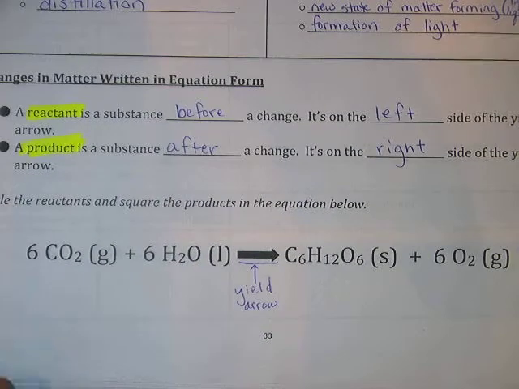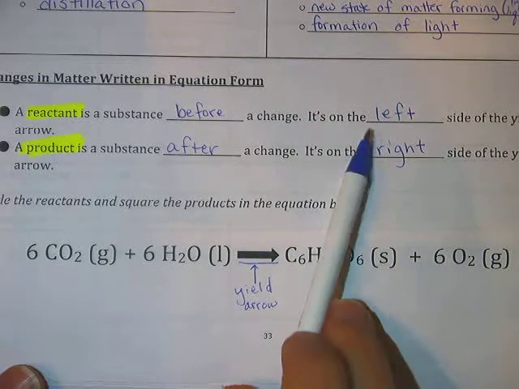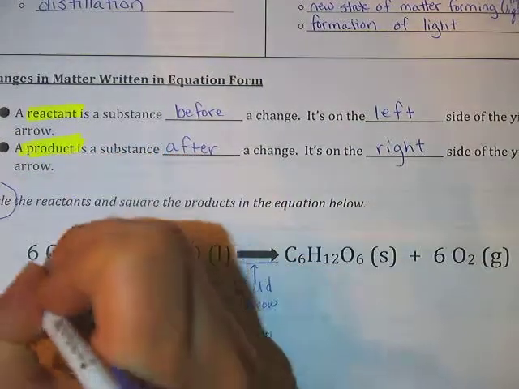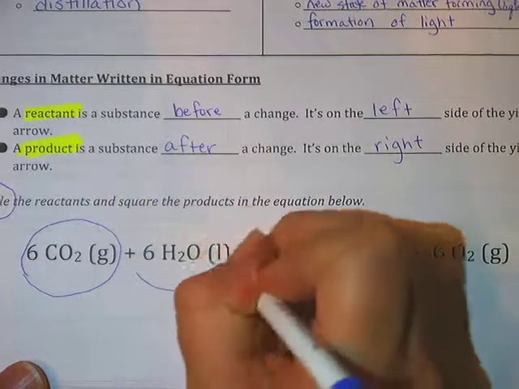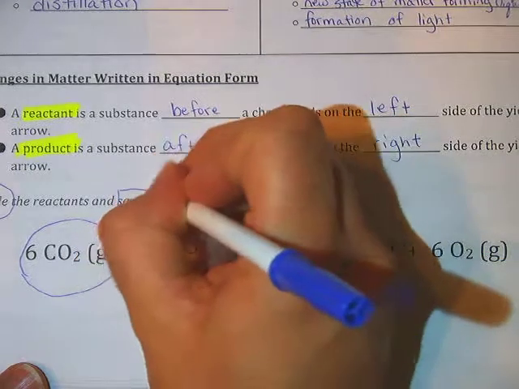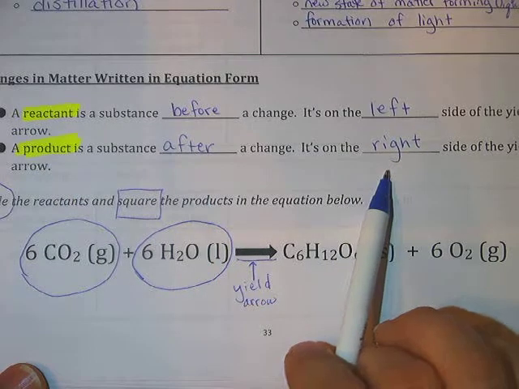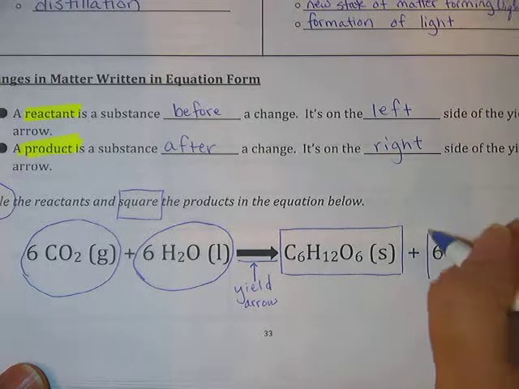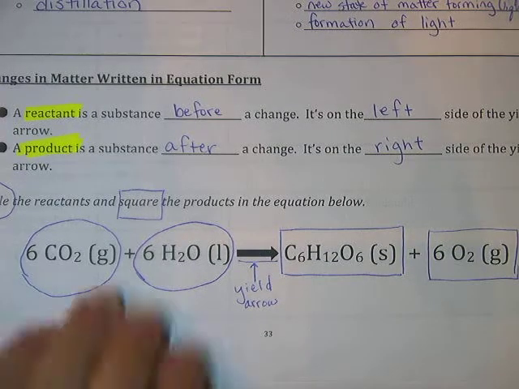When we use the word yield in chemistry, we mean makes. So this thing is called the yield arrow. And on the left side are the reactants. So if we're going to circle the reactants, then that's this and this. And if we're going to square or box the products, they are after the change on the right side of the arrow. That's this and this. And when you're done writing that, you can turn the page.